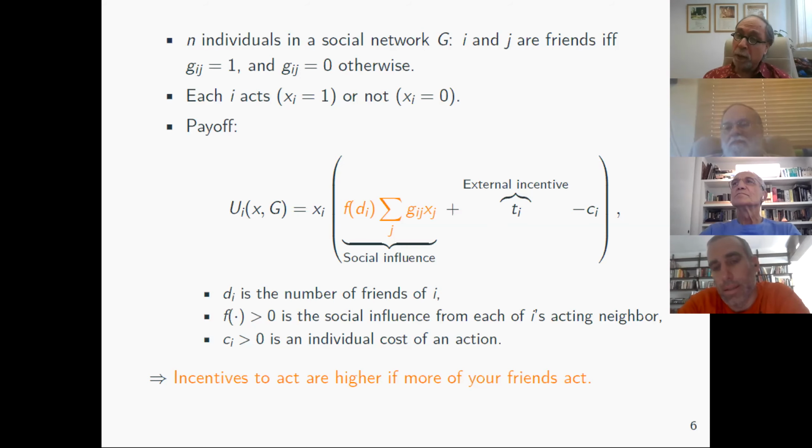No, it's some sort of normalization. It wouldn't have mattered if I would have put minus in case you don't take the action. So I'm only counting those people who take the action.